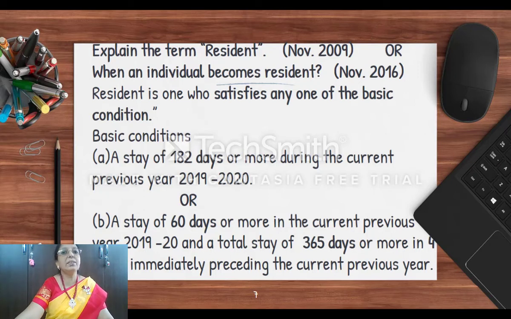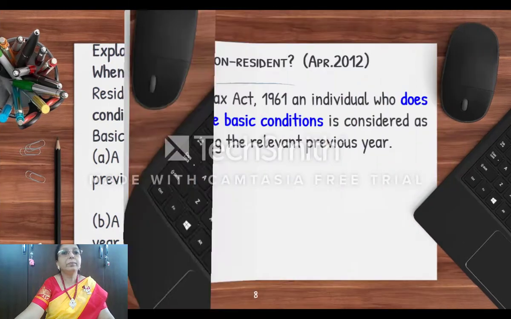Or if he does not satisfy the first basic condition, we will try out the second basic condition. If he satisfies the second basic condition, he becomes a resident. So to become a resident, a person has to satisfy at least one basic condition. It can be either basic condition 1 or basic condition 2.